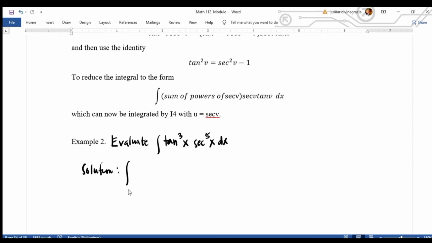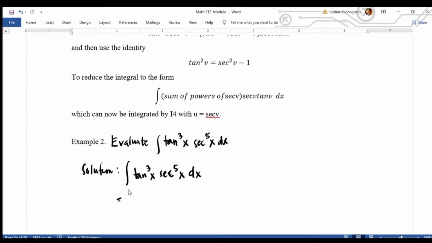So the integral of tangent of 3x times secant to the power of 5x dx.